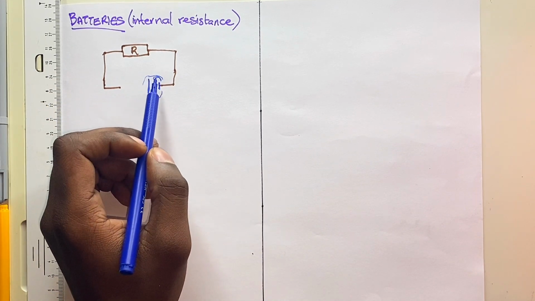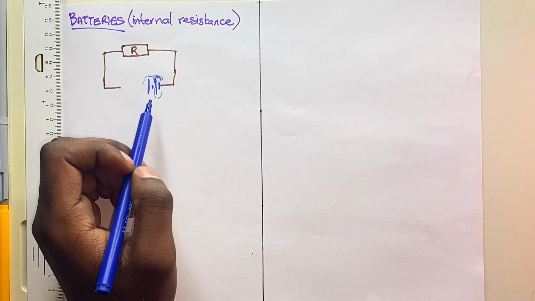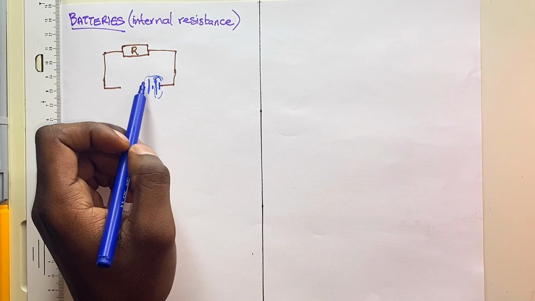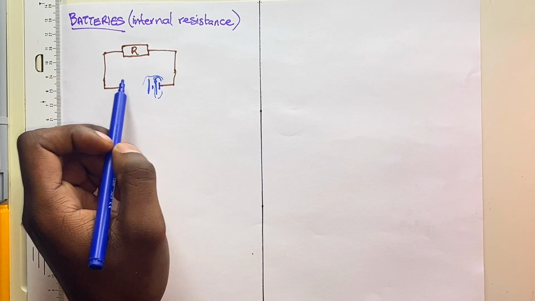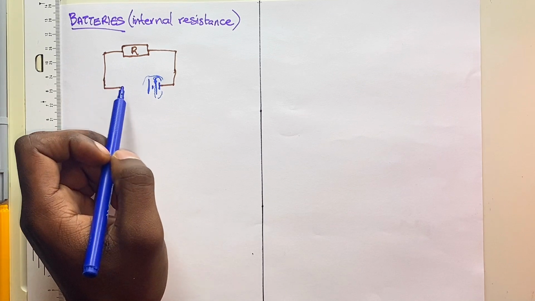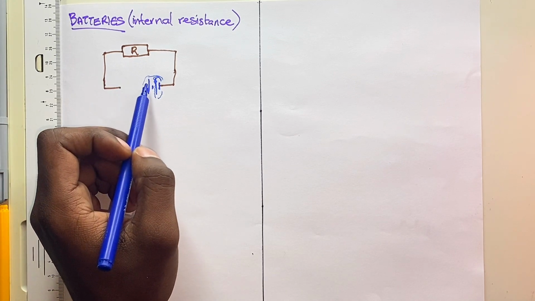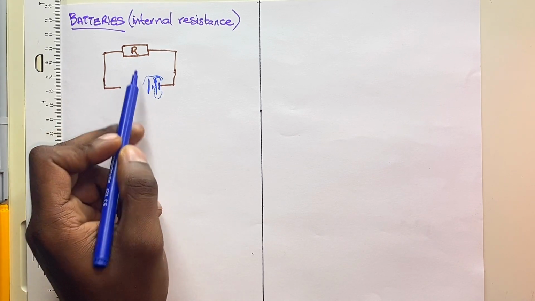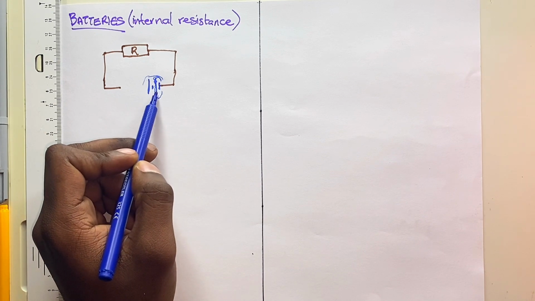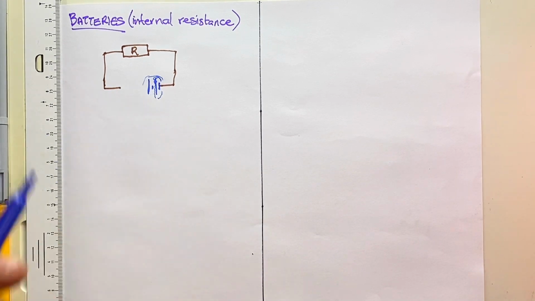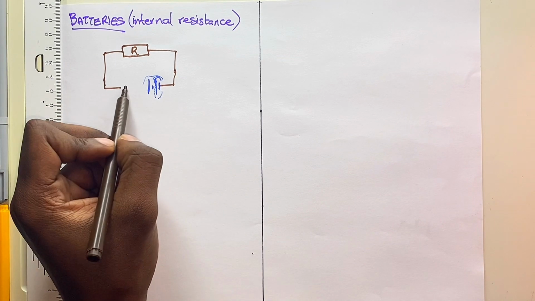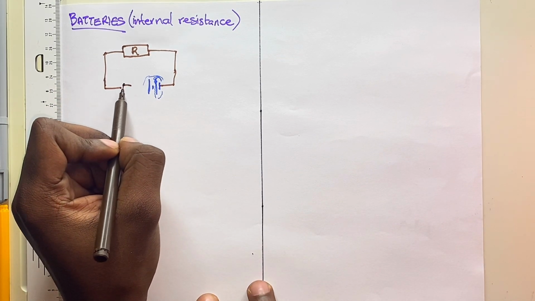Remember, the battery will have what we call internal resistance. Imagine even in a perfect conductor, there's a tiny bit of resistance. Similarly, within batteries, there's internal resistance. In most circuit drawings, you'll just see the two cells and then the conductor connected there. But in this case, I will introduce internal resistance.